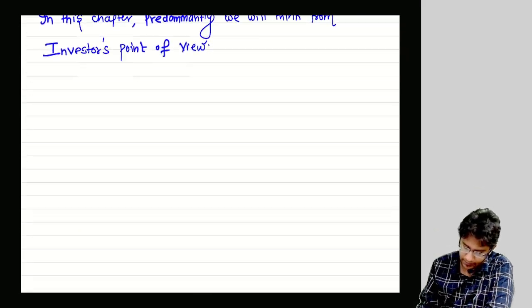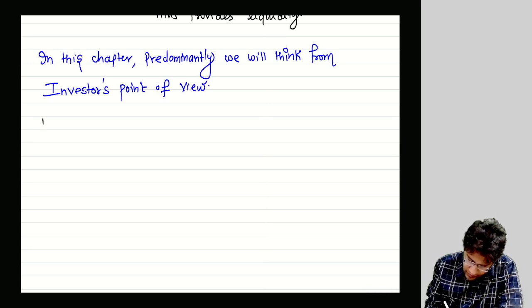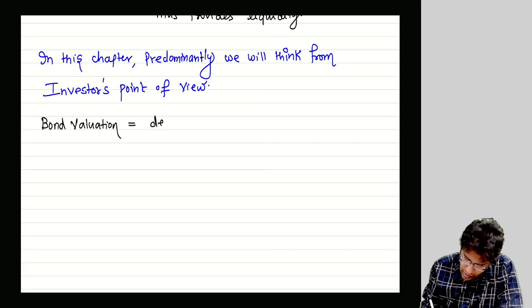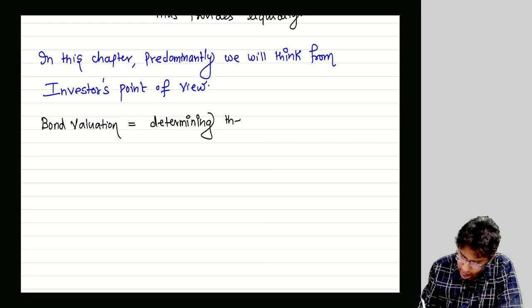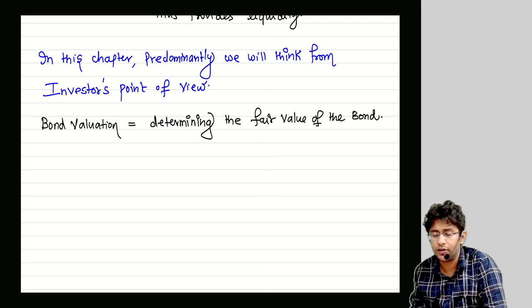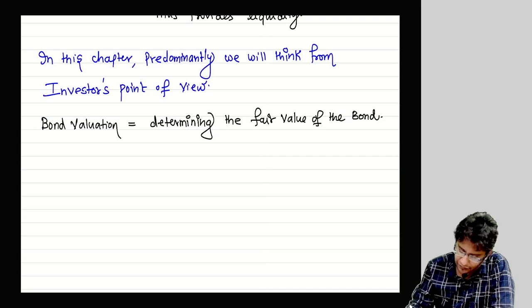Okay, next. So what is the meaning of bond valuation? Bond valuation is nothing but determining the fair value of the bond. You identifying the fair value of the bond is called bond valuation. Sir, what is the meaning of fair value?